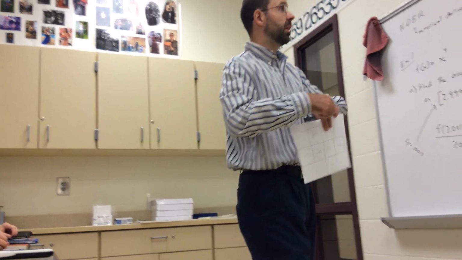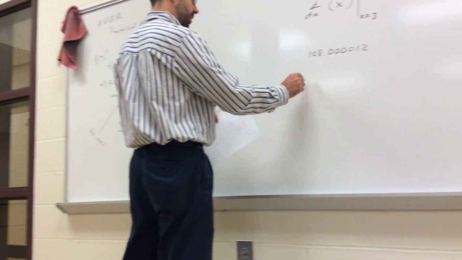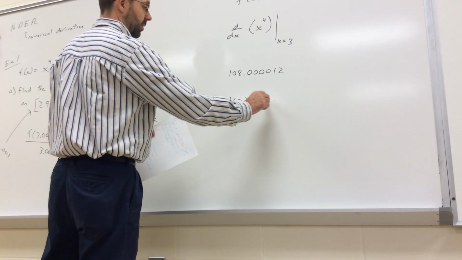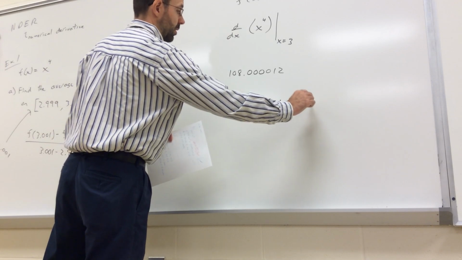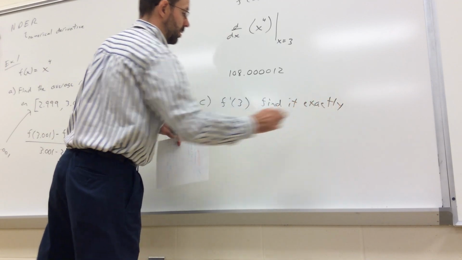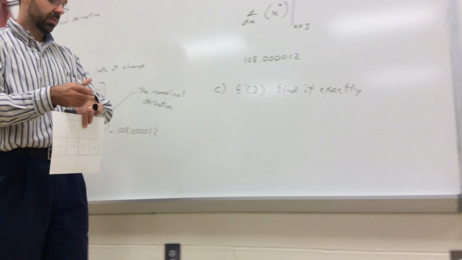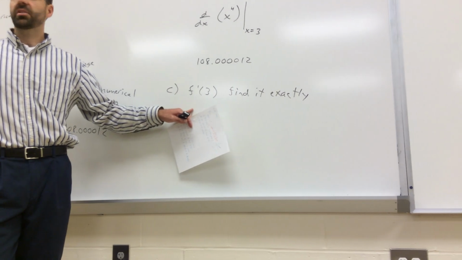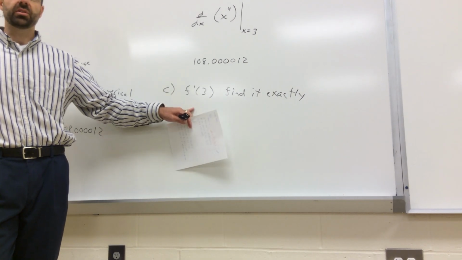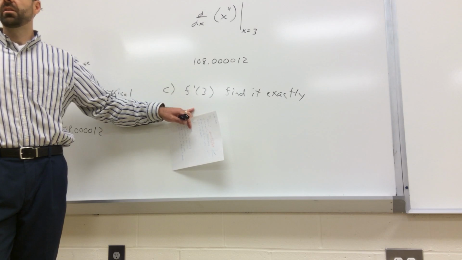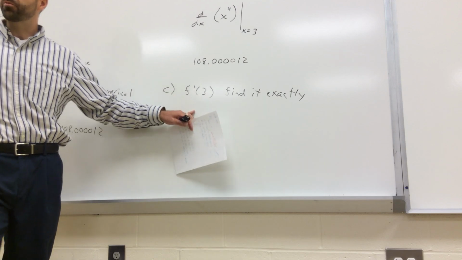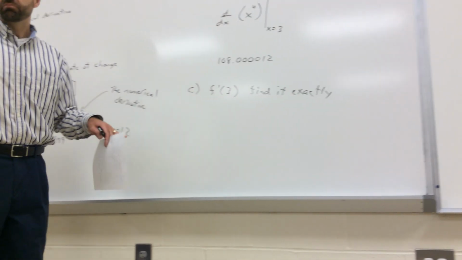Okay, so now we're going to calculate f prime at 3. I should have said find f prime at 3 exactly, but I already wrote f prime at 3, so I decided to talk like you a little bit. So the way to find f prime of 3 exactly is to actually calculate it by hand.